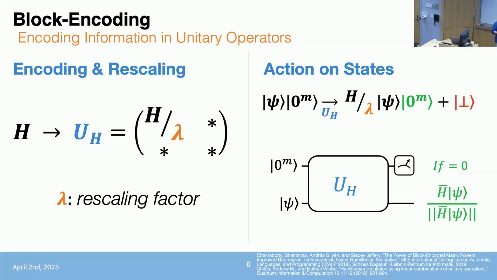Now, the reason I hate this explanation is because a lot of times people use it to argue that a block encoding is a probabilistic application of your matrix onto your system. And that is true if you view it in this way, but it's a constraint that's not inherent to block encodings. There are a lot of uses for block encodings where you're not actually trying to probabilistically apply your matrix.